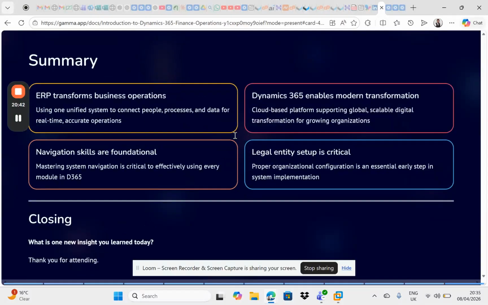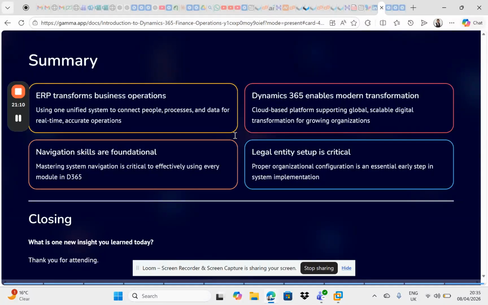Then, in summary, like I said, this is a very short session just to let you know what Dynamics 365 is. From here I believe you have an understanding of what it is, so that when we move to practical sessions, you should be able to really understand what Dynamics 365 is.